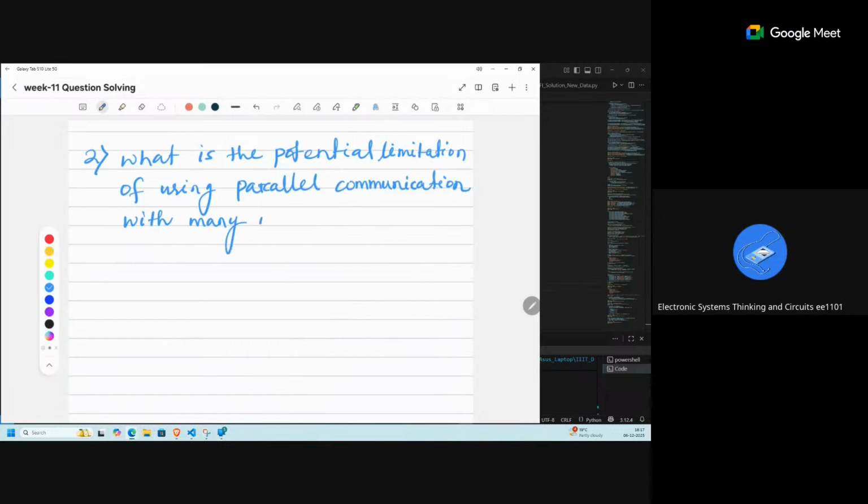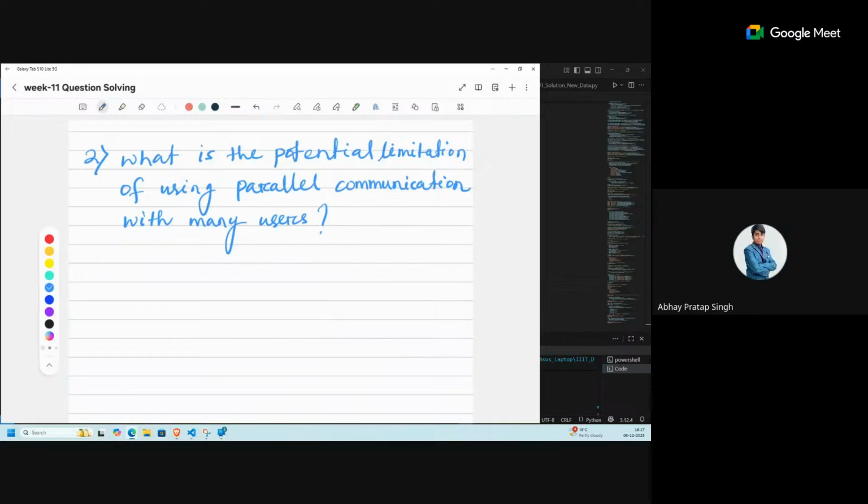I'll not give the options, you have to tell me the potential limitation. Definitely, parallel communication means many users. What is the major limitation in this? Some of the things I have already discussed in the previous question. That's why I'm asking without giving the options.